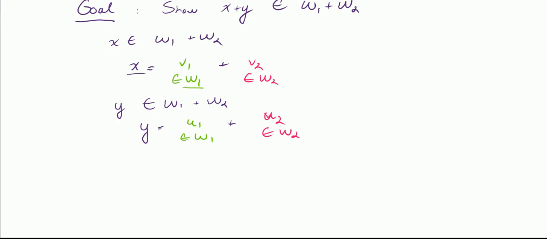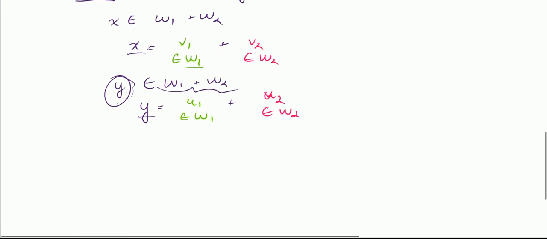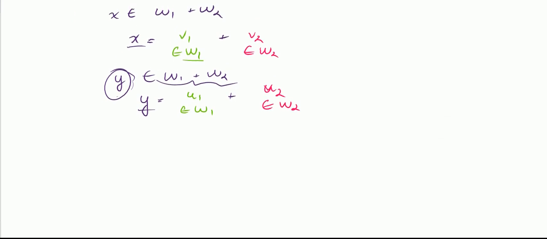So it's just a way of saying what it means for y to belong to this set. Now let's see what happens if I add x and y together. So if I write x plus y, now let me do this in color, I'll get V1 plus V2 plus U1 plus U2.